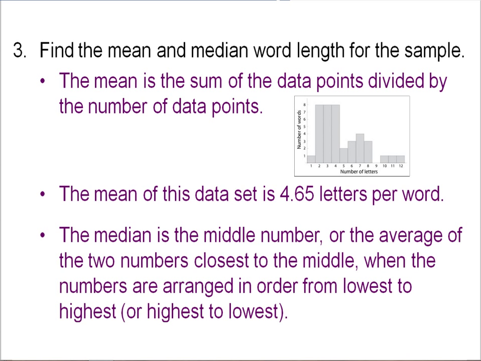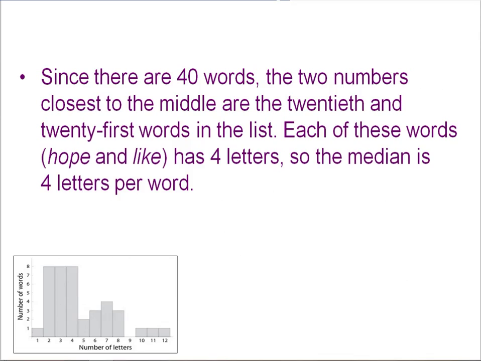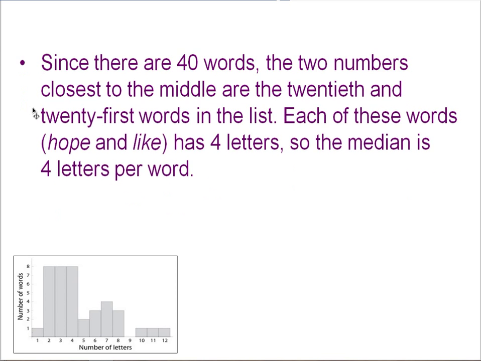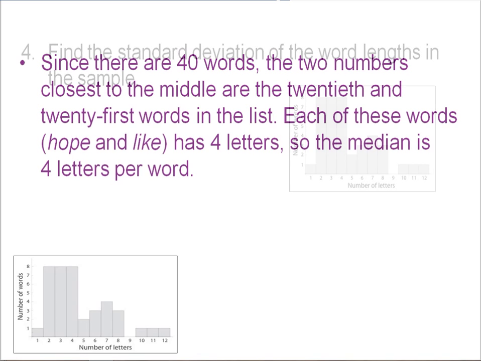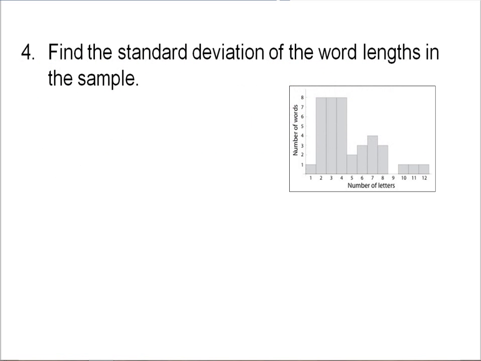When I do that, I find that the mean of this data set is 4.65 letters per word. And the median, of course, we've got to put them in order and find the very middle, and we find that that's 4. So the median is 4, the mean is 4.65. That's some important data for us.